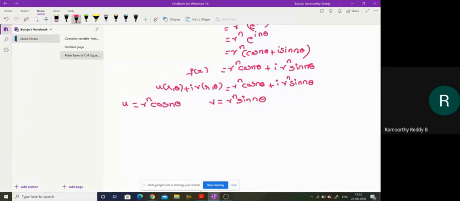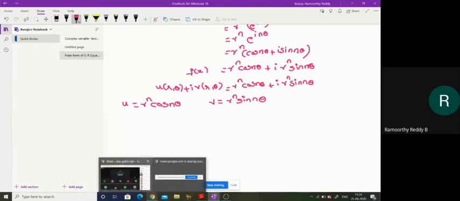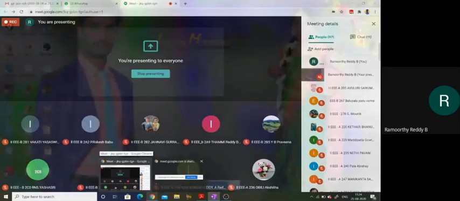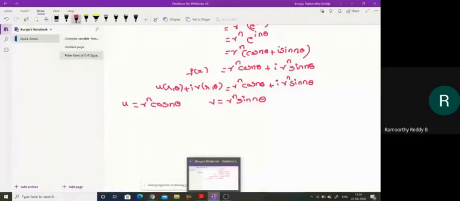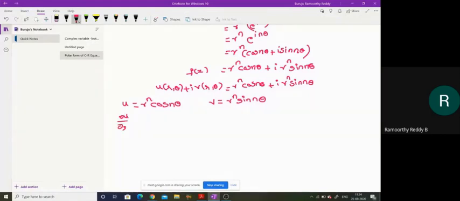So then, what do the CR equations mean? ∂u/∂r = (1/r) ∂v/∂θ, right? Now ∂u/∂r you need. ∂u/∂r is nothing but ∂/∂r of r^n cos nθ. See, with respect to r we are differentiating, that means cos nθ is treated as constant, right?